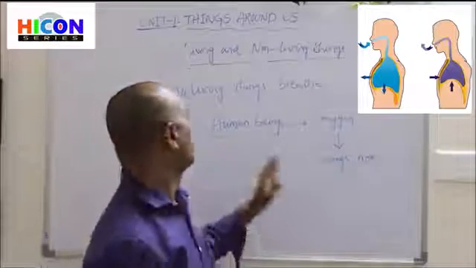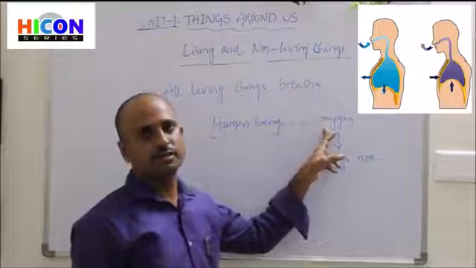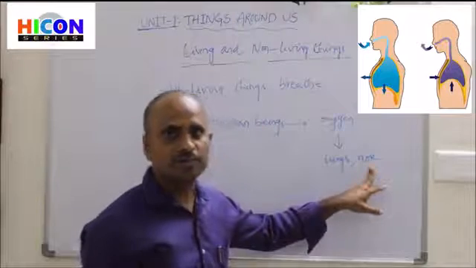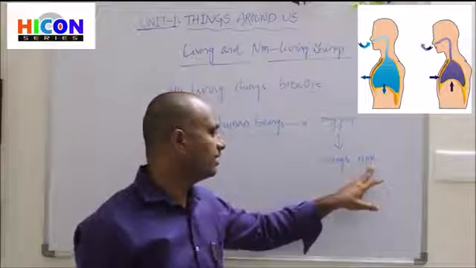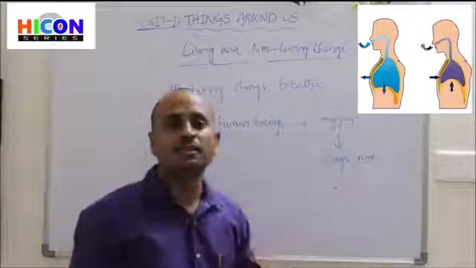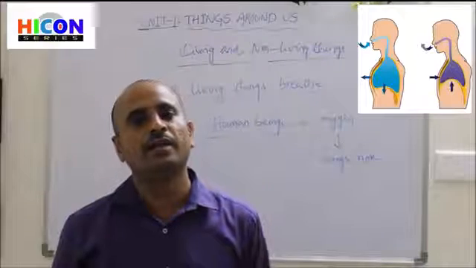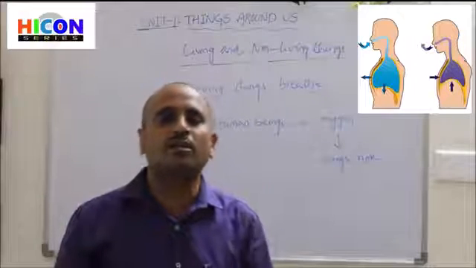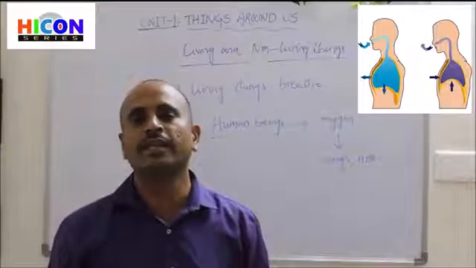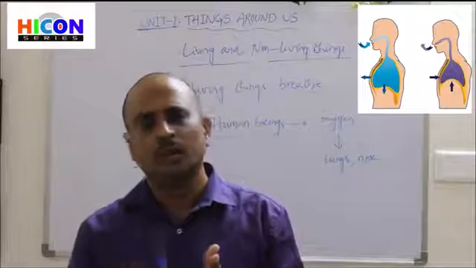For example, human beings will breathe oxygen through the lungs and nose. The oxygen will enter into the lungs from the nose, and from the lungs the oxygen will mix with the blood, and the blood supplies the oxygen to all the parts in our body, that is, to heart, to brain, to legs, to hands.